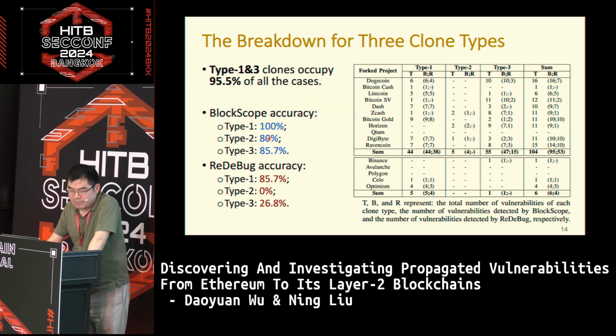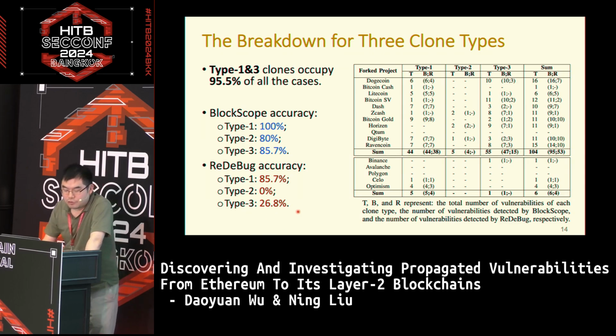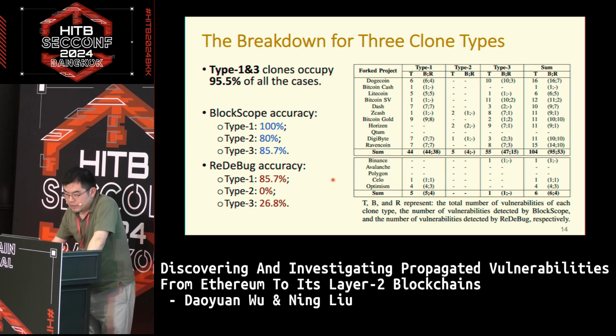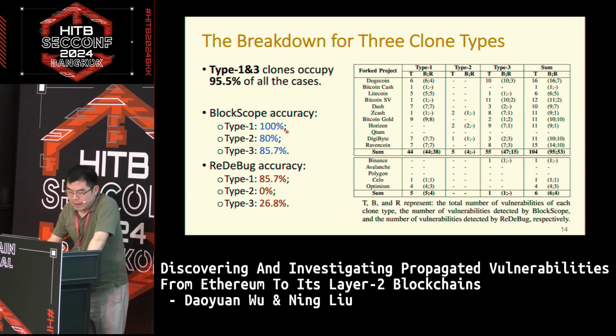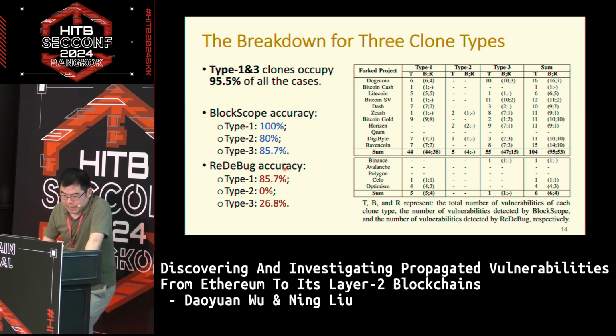They typically didn't change the variable name or the function name, but they may add some new pieces of code. For each of the 3 categories of code clone, BlockScope has quite excellent accuracy. For type 1, it has 100% accuracy because the code is almost the same. And for type 3, it's also much better than the ReDeBug tool.